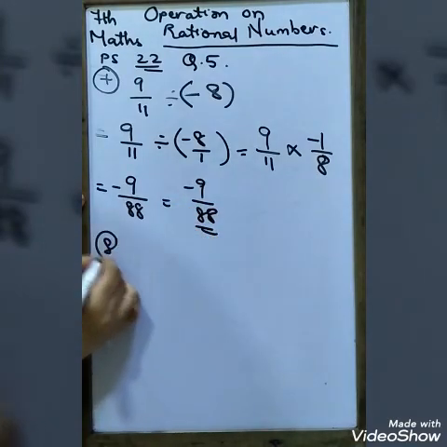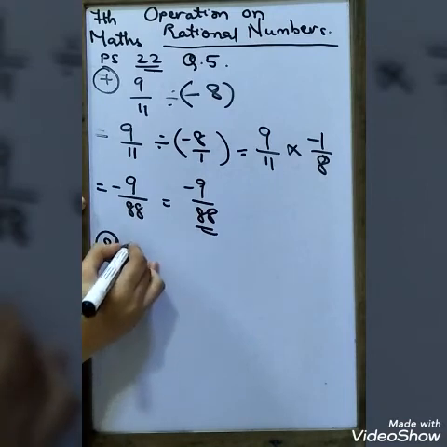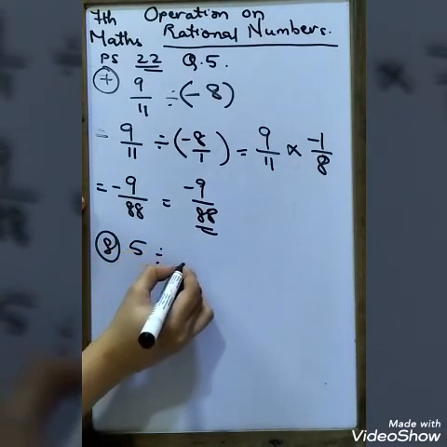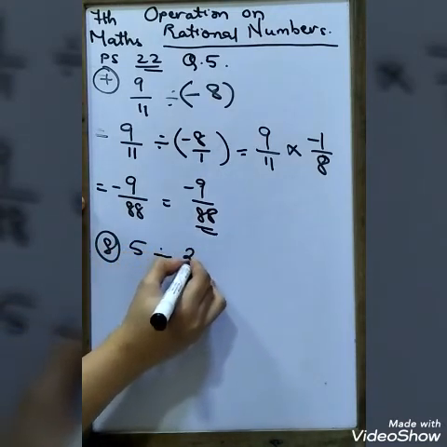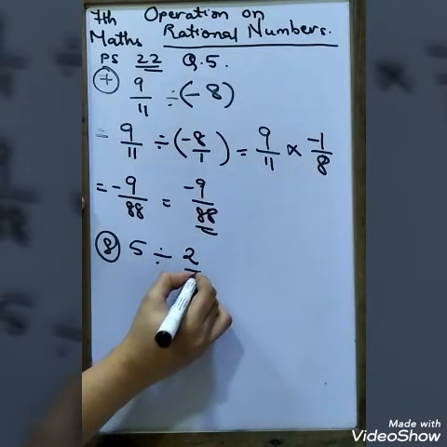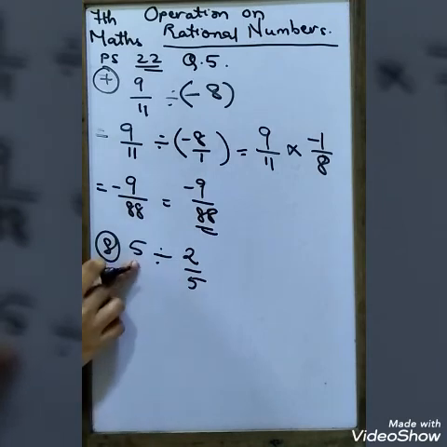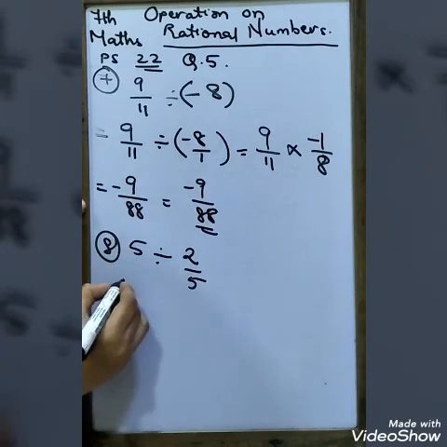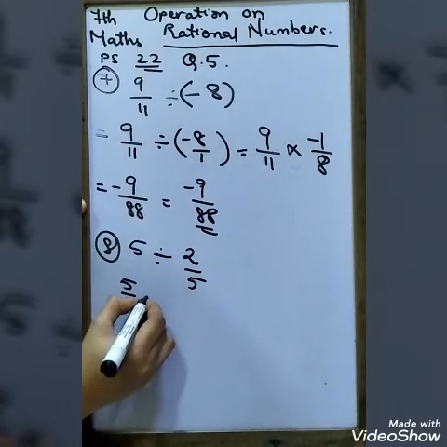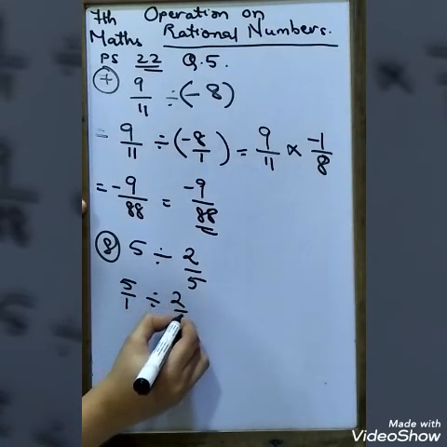Now the 8th question we are going to solve. 5 divided by 2 by 5. Here 5 also does not have any denominator, so we can take it as 5 upon 1 divided by 2 by 5.